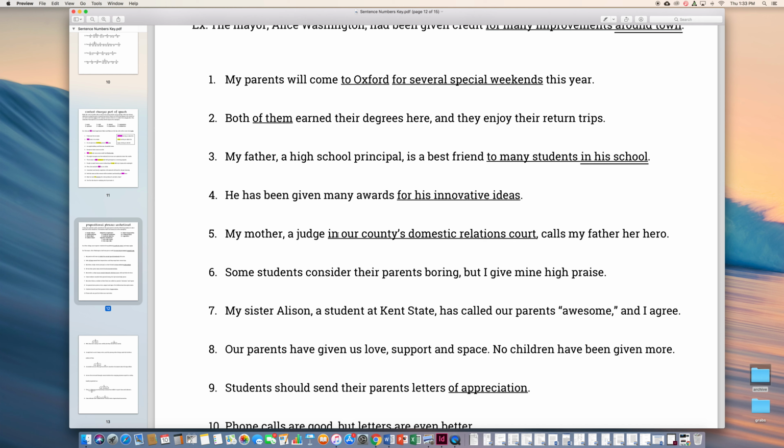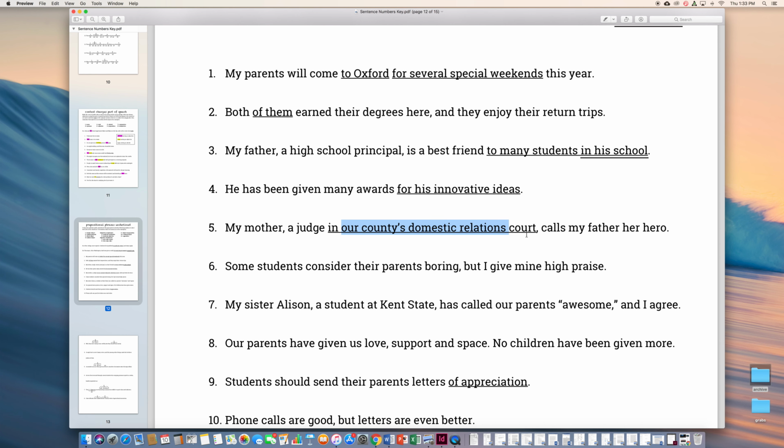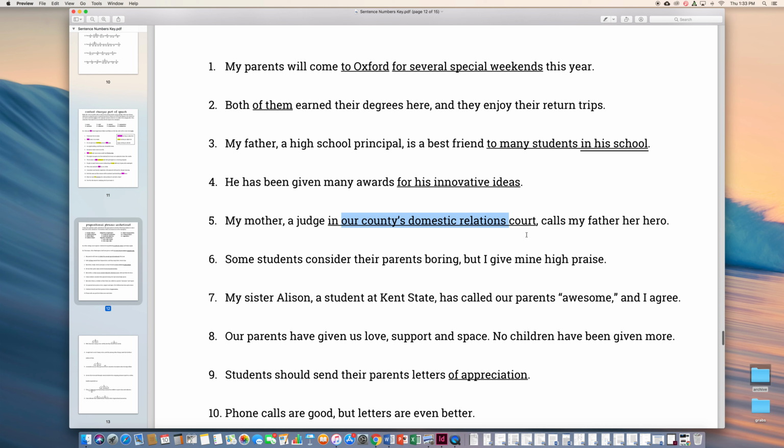So don't be confused. We've got a preposition here, "in," and the object being court, right? All of this, "our," "county's," "domestic relations," these are all modifying court. So you could take them all out theoretically, and the prepositional phrase would still just have the preposition and the object without all these other descriptive terms.